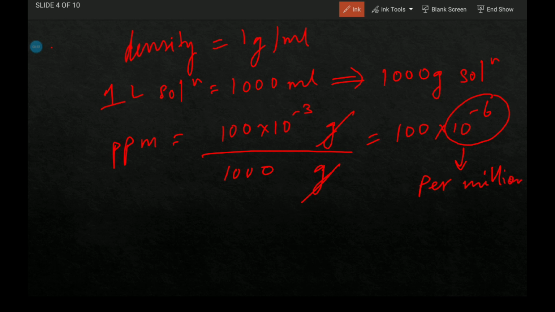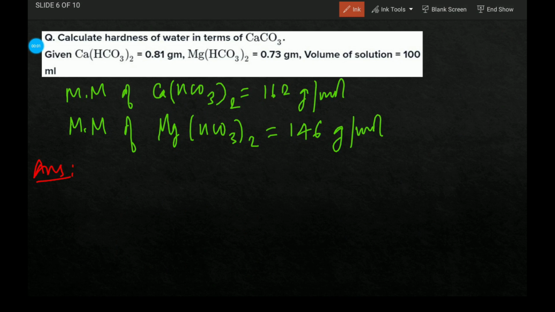That is, 100 parts of calcium carbonate is present in 1 million parts of the solution. Therefore, the ppm is calculated in terms of calcium carbonate. We also can understand from the following exercise that the SI unit or easier way to calculate is milligram per liter.